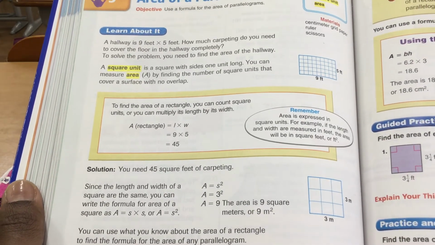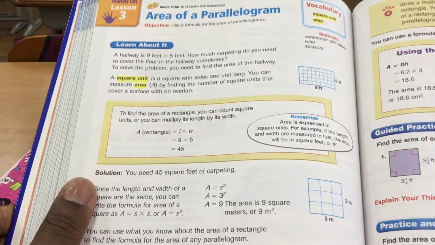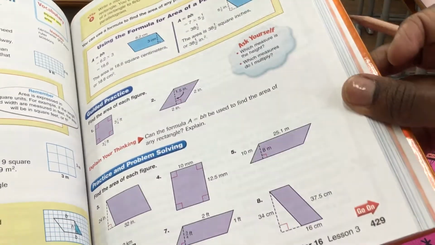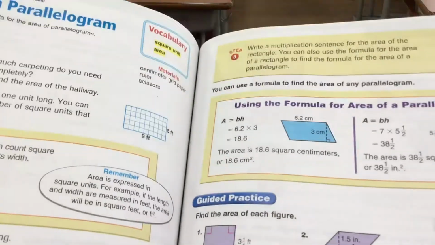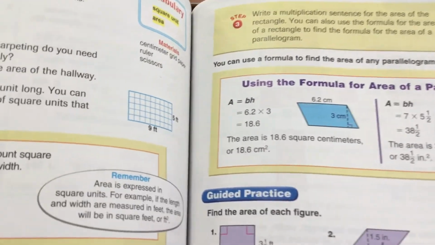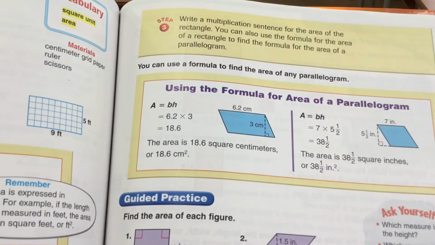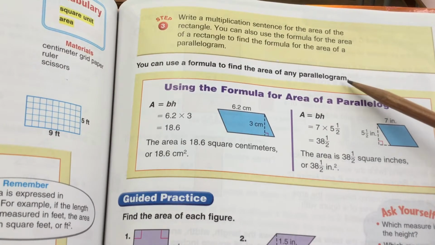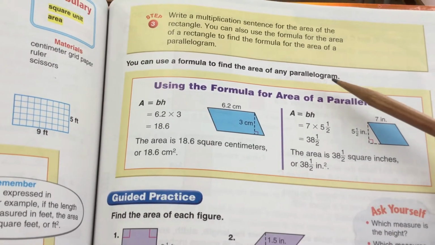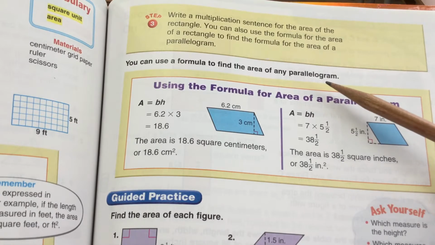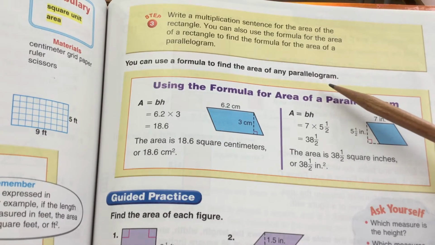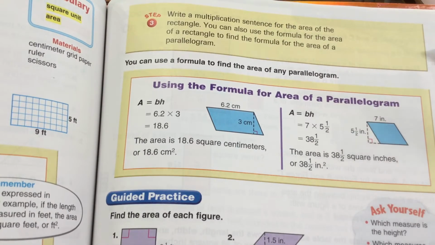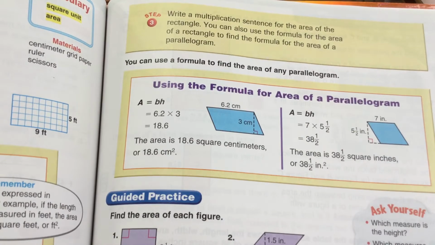All right. So now I'm going to go over to page 429. And we're going to go right here to where it says, you can use a formula to find the area of any parallelogram.